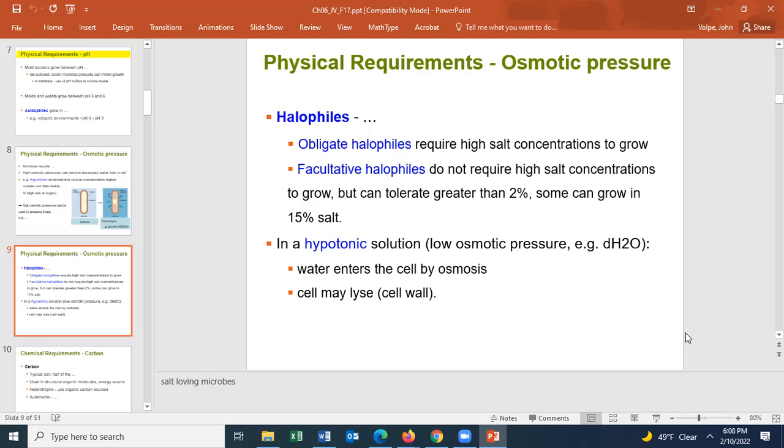And that's actually how Penicillin G and the other members of the penicillin family lyse the cell. They interfere with the cell wall. Then the cell can lyse as water enters the cell. The cell wall doesn't protect the cytoplasm, and it protrudes out of the cell wall, and then the cytoplasm will burst.